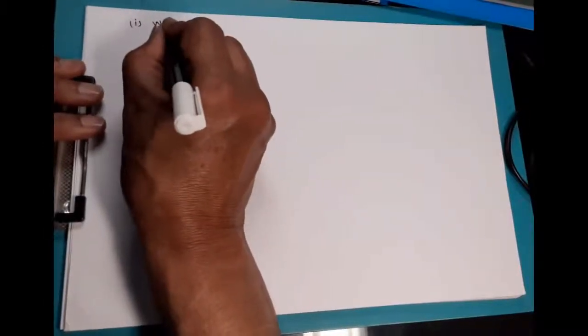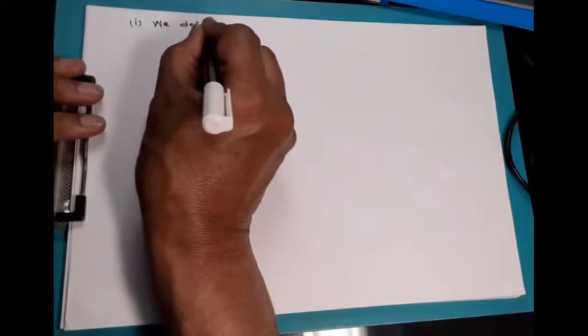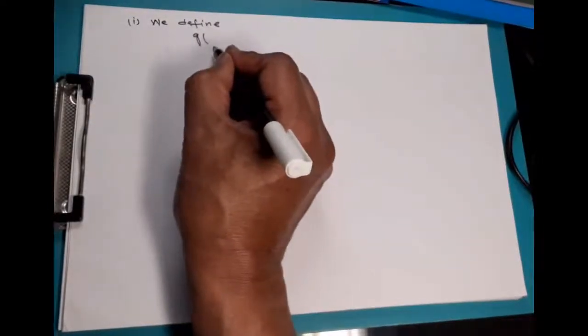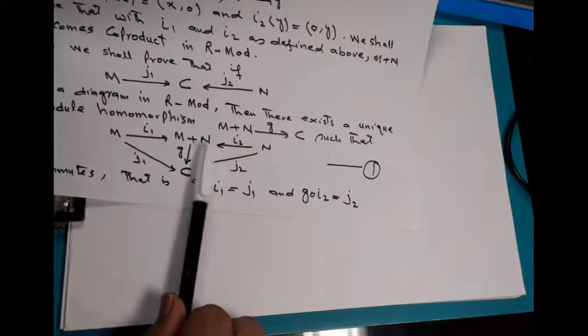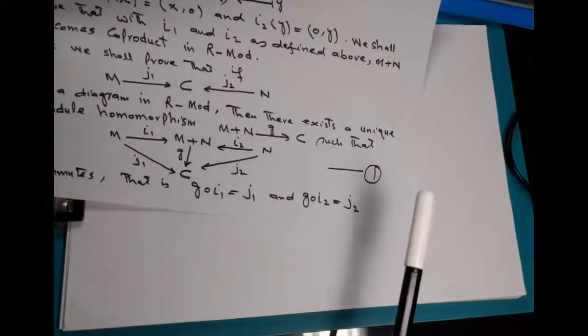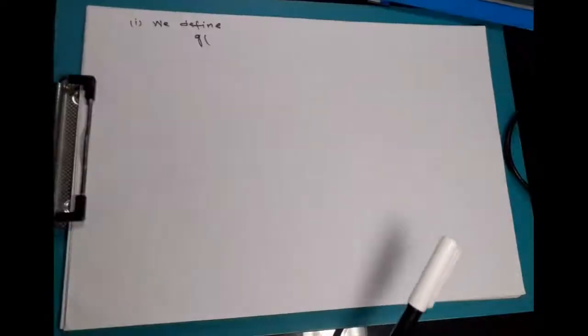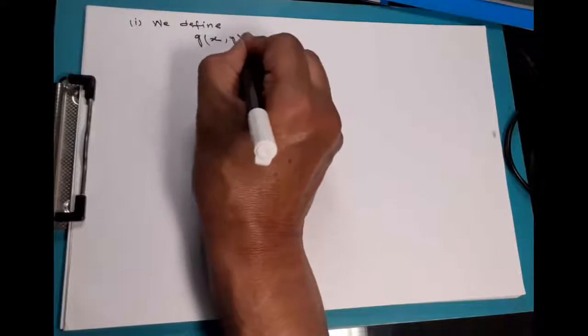So let's define the map G. First of all, we define the effect of G on an element of M plus N. Remember that elements of M plus N are just ordered pairs (X, Y), such that X belongs to M and Y belongs to N. So we define G(X, Y) equal to, now just note how we define this map.